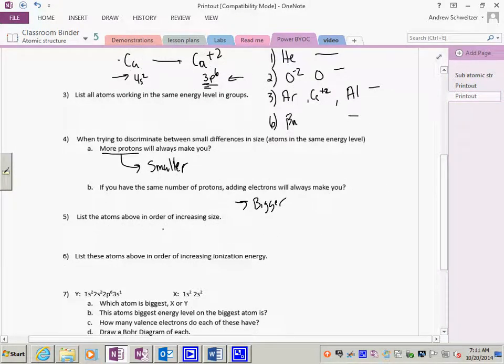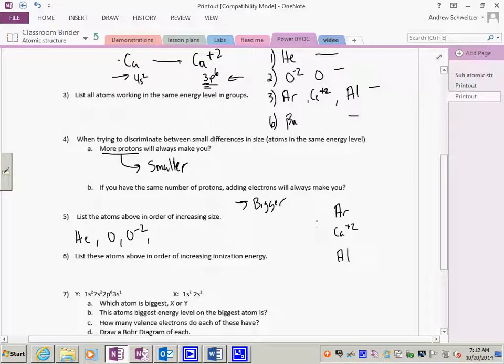List the atoms in order of increasing size. Helium is going to be first. Now, oxygen versus oxide: all we did here was add 2 electrons, so it's going to be oxygen followed by oxide. Then in the third energy level, we have argon, calcium plus 2, and aluminum. They all have the same energy level, so the big difference is protons.